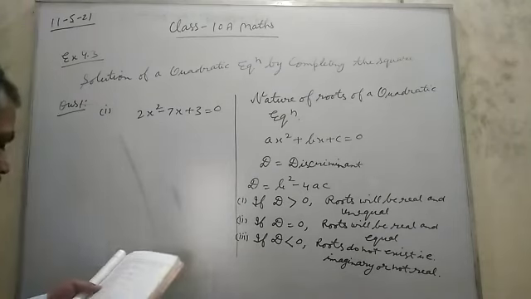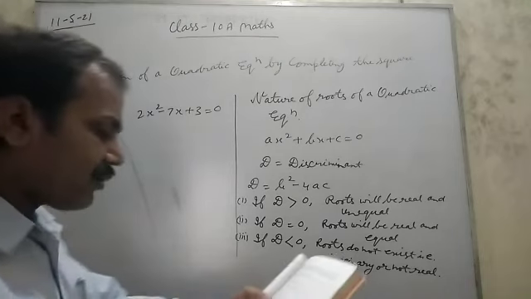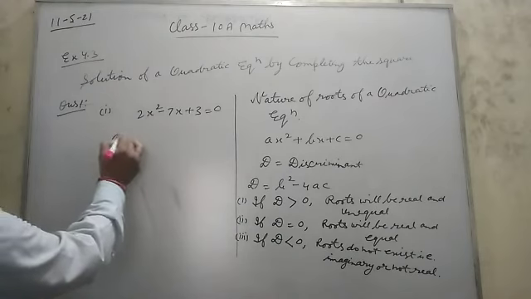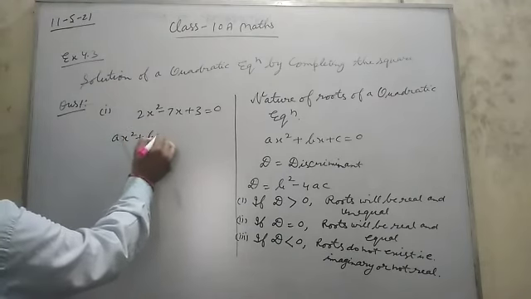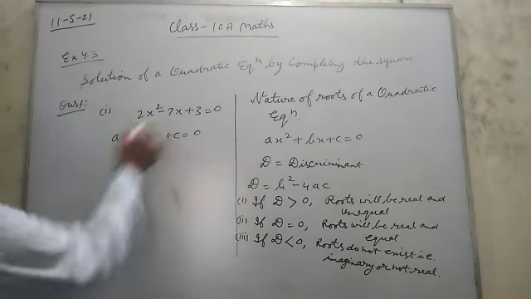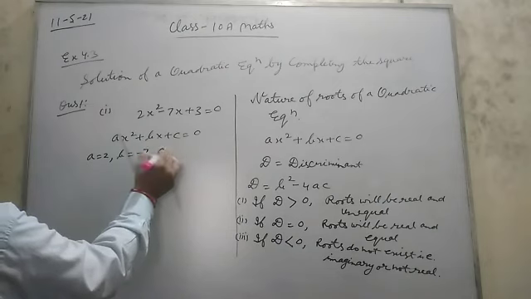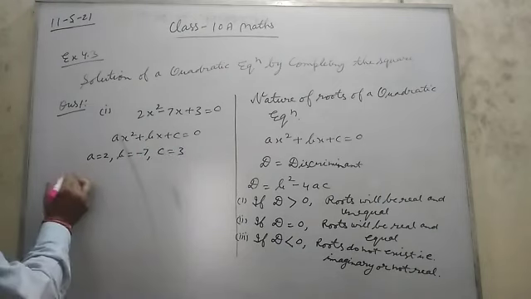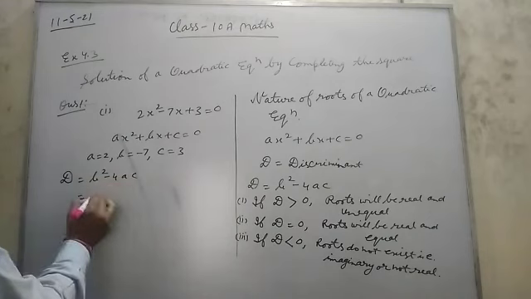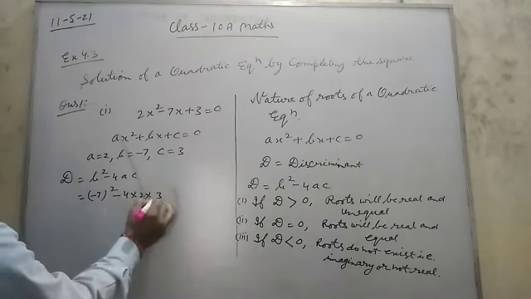So in exercise 4.3 first part, find the roots of the following quadratic equations if they exist. Means first you find D. So ax square plus bx plus c is equal to 0, compare by this. So a is equal to 2, b is equal to minus 7 and c is equal to 3. Then find D. So D we know is b square minus 4ac. So minus 7 square minus 4 into 2 into 3.